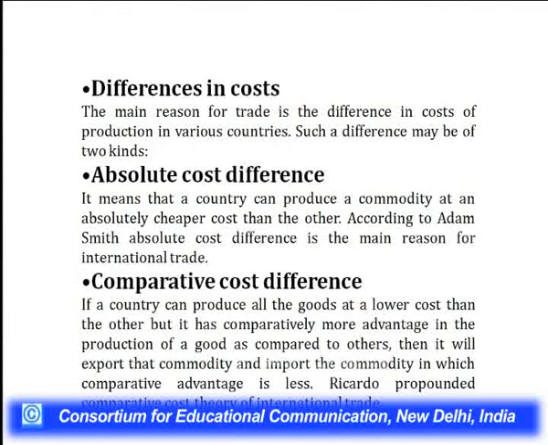In this case, we have to see where the comparative advantage is higher or where the comparative disadvantage is less. A country should produce and export the commodity in which it has comparatively more advantage or comparatively less disadvantage.